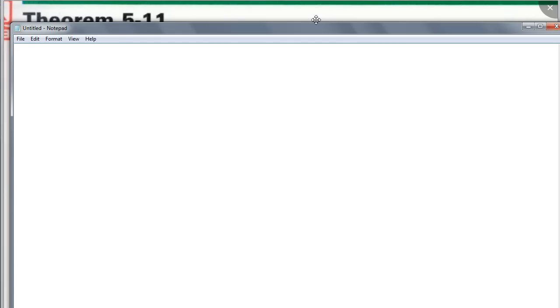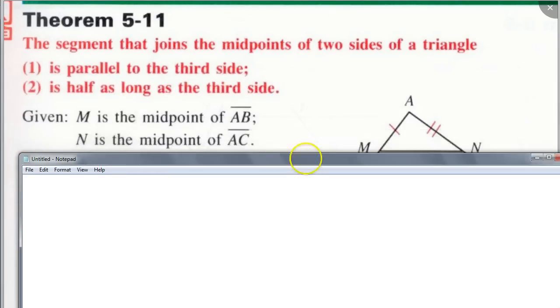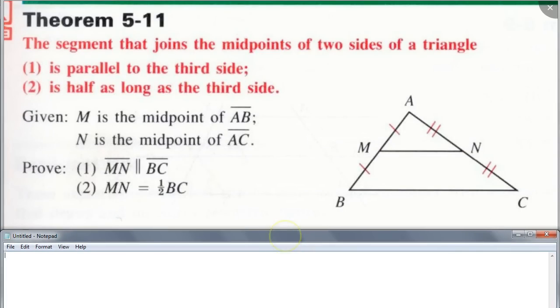Which theorem seems similar? Yeah, it doesn't have a name. How does it cut through the triangle? Midpoints of the sides, yes.